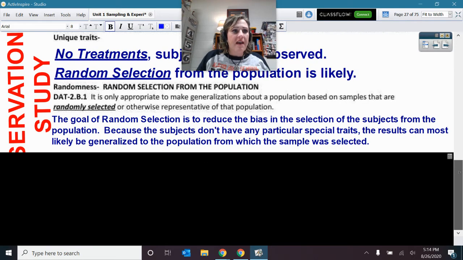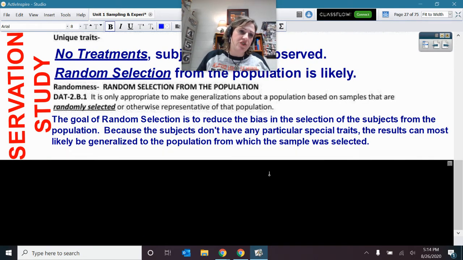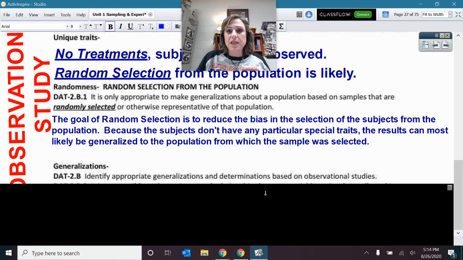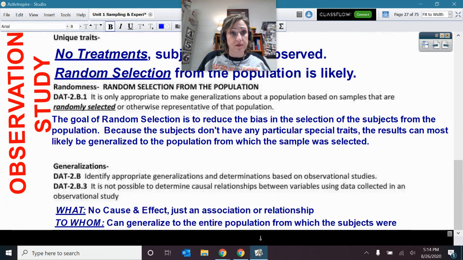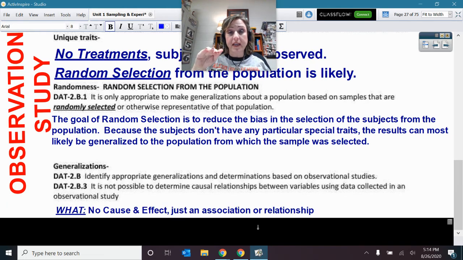All right, final thing about observational studies. What generalizations do we have the right to make? Well, first and foremost, no cause and effect. There are typically other things at play.